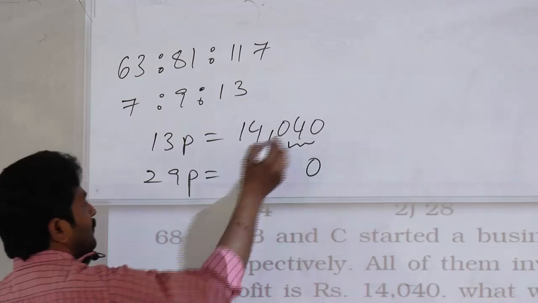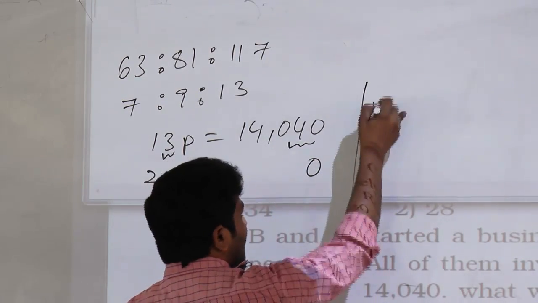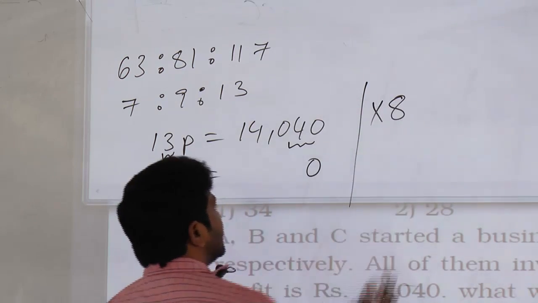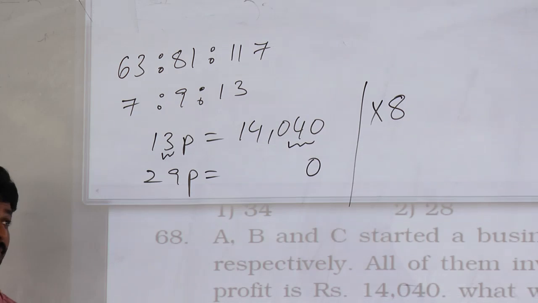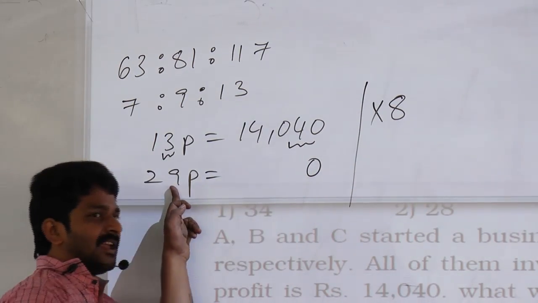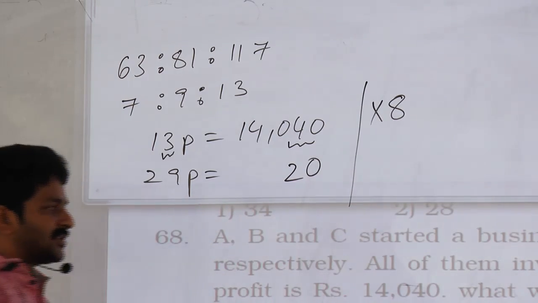Here you have 4 and here you have 3. 3 multiplied by 8 ends with 4. Only that combination. Yes, only one combination: 3 times 8 ends with 4. Your last digit is 9. 8 times 9 is 72, ends with 2. So your answer should end with 20.